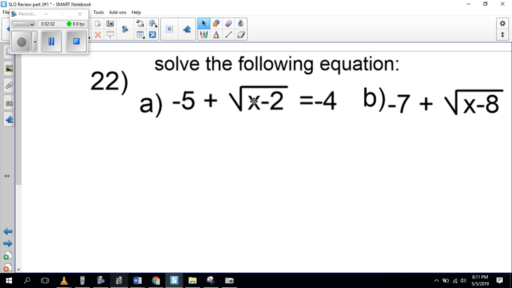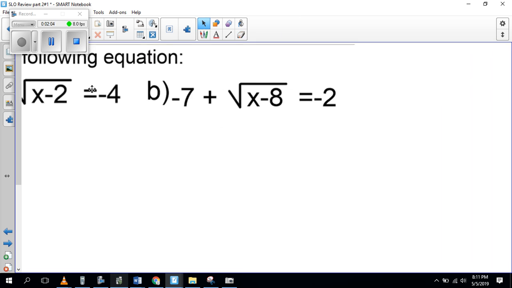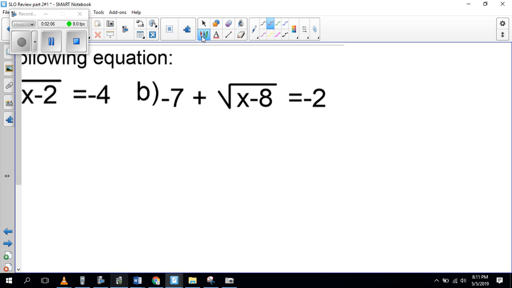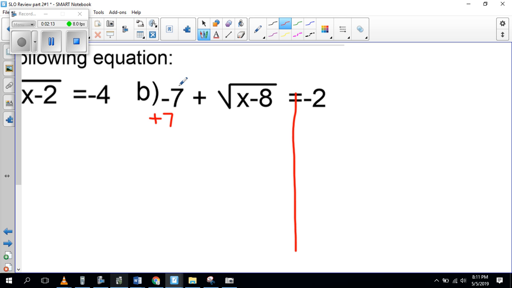So let's try letter B. So I'm going to put my line through the equals. It helps me to see it. I've got to get rid of this negative 7 by adding 7 to both sides. And I think this was supposed to be, please change it to a positive 2.